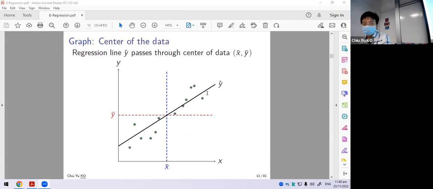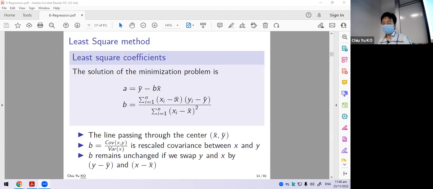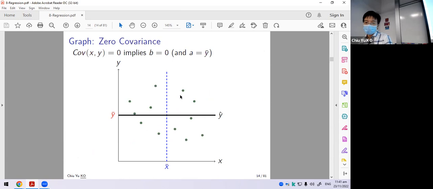The reason is that if covariance is 0, B is 0. Looking at the equation, Y minus A is equal to Y bar minus 0. So for this equation, A will be Y bar. So the best fit model will be just Y bar.